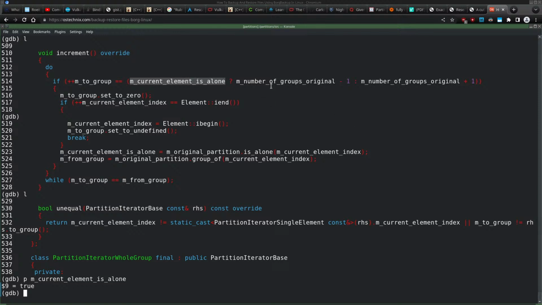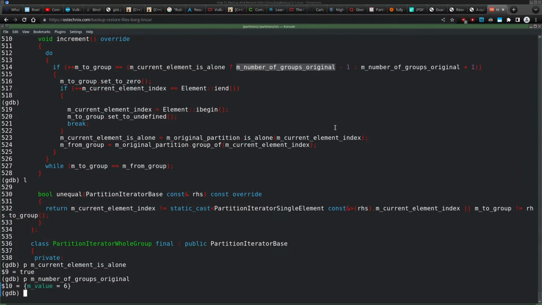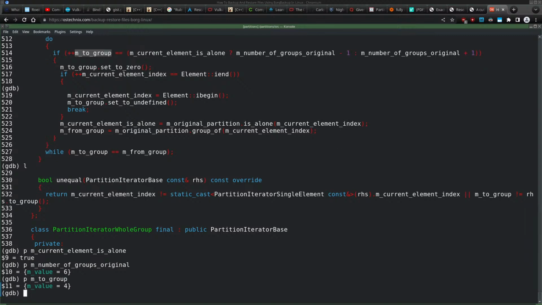Yep. The number of groups, well, that was 6. So we're going to compare with 5, and the 2 group is currently 4. So after increment it is 5, which is equal to 5.